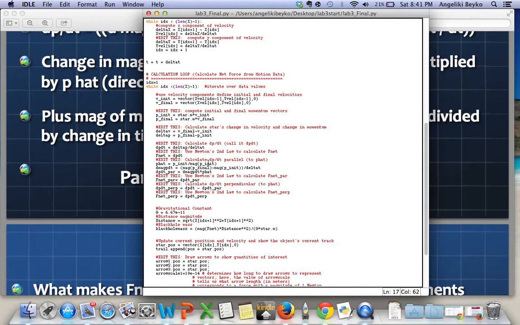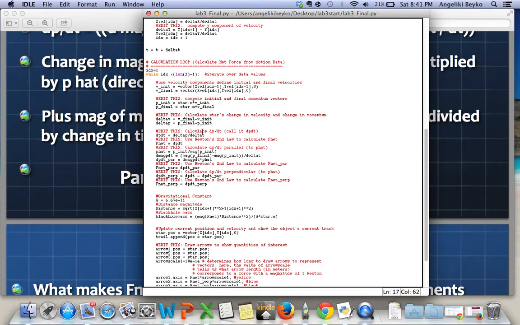Then from here we have the change in velocity and the change in momentum. Now we can calculate dp divided by dt, which is F net. We assign that here.